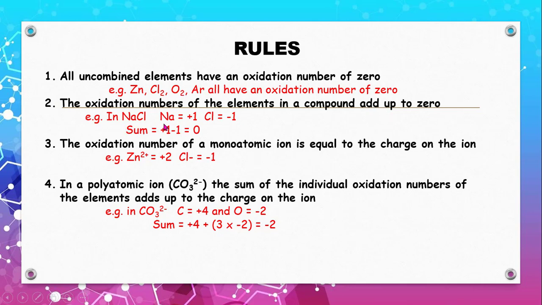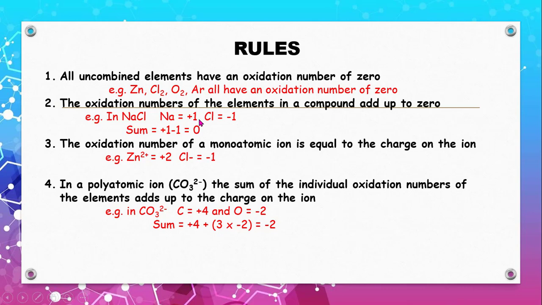For example, in sodium chloride, sodium has an oxidation number of +1 because we know it's a group 1 element. Chlorine normally has a charge of -1, so the oxidation state of chlorine will be -1.